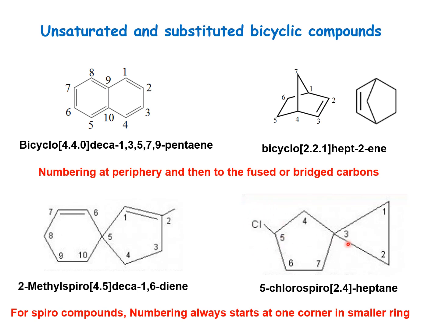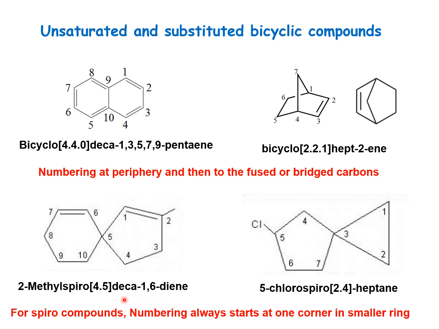At that time if you give 4, 5, then 6 number will be given to the chlorine. We want the lowest possible number for the chlorine. That is why we will start numbering from the top. So you will indicate it is 4-chlorospiro[2.4]heptane. If you want to indicate double bond, because there are 2 double bonds here, it will be diene.